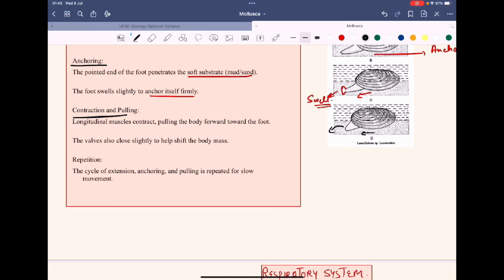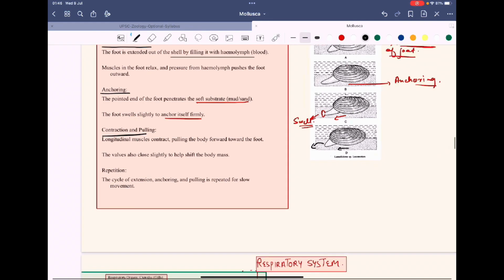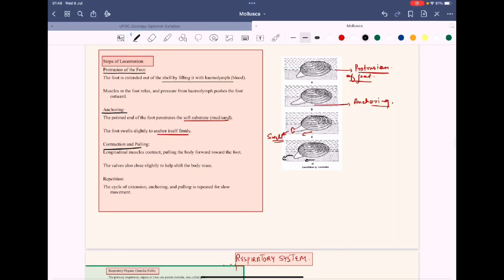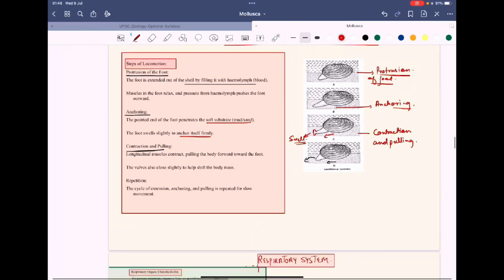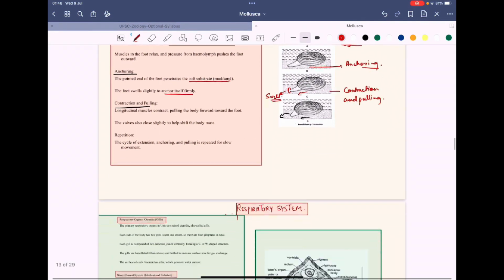So this is how locomotion takes place in the lamellidens, through contraction and pulling. These are the steps in the locomotion.